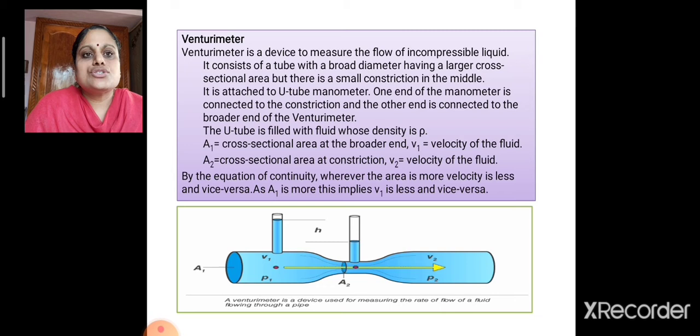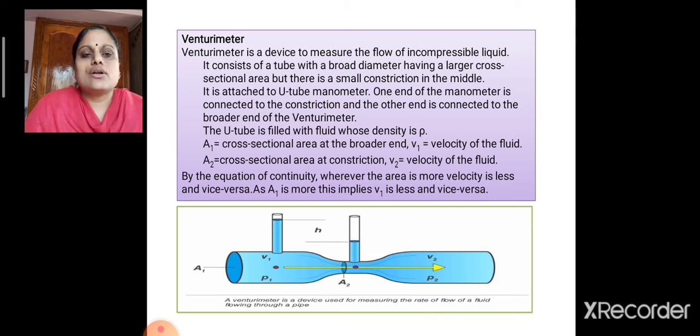It is attached to the U-tube manometer. One end of the manometer is connected to the constriction and the other end is connected to the broader end of the venturimeter. The U-tube is filled with fluid whose density is rho.